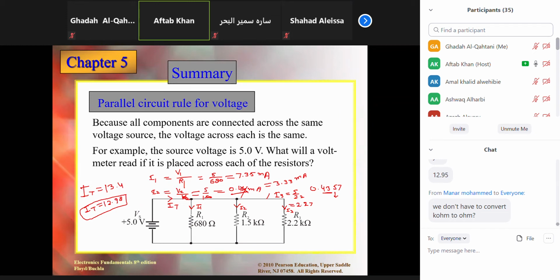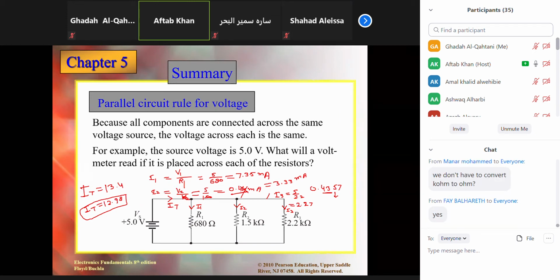It's not necessary to convert, Manar. It is okay if you want to keep it in ohms, it's up to you. For I3, this is kilo, so I have to convert it. That will be 2200. This is just an example I give.